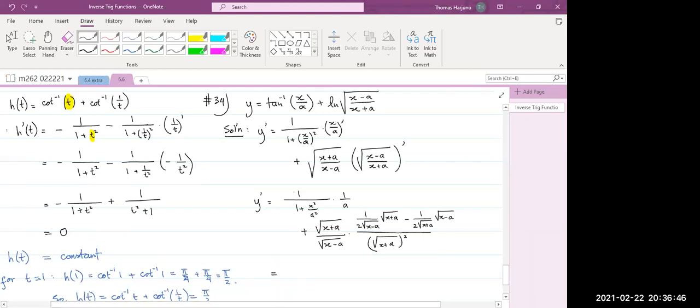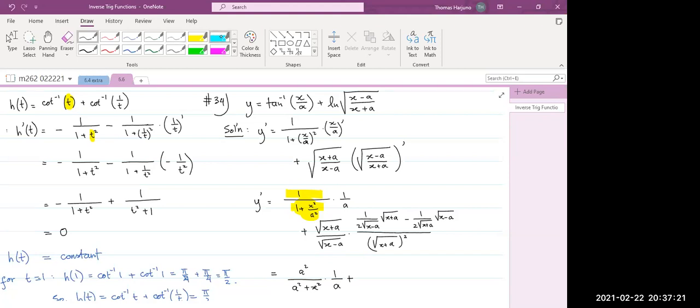Let's deal with this one first. I will multiply the top and the bottom by a squared. It will give me a squared over a squared plus x squared divided by a, right? 1 over a plus... Do I want to simplify that first?